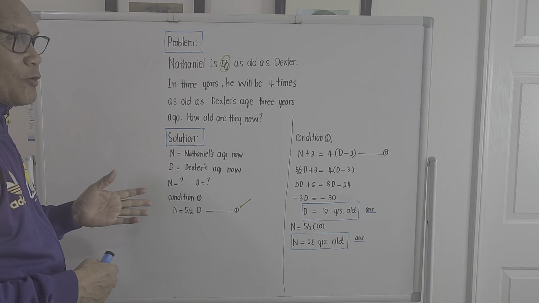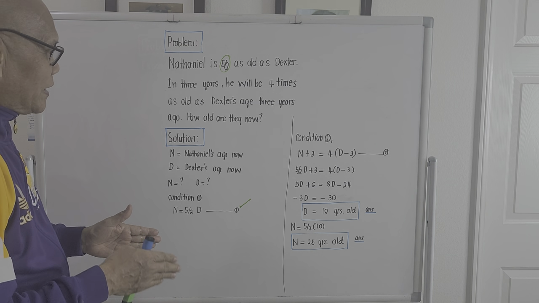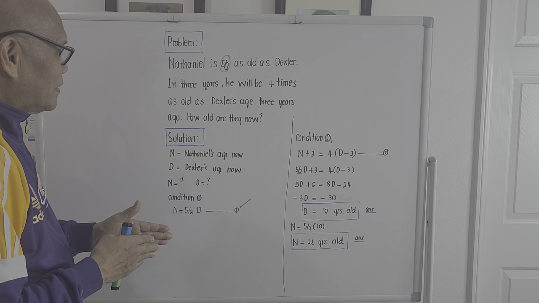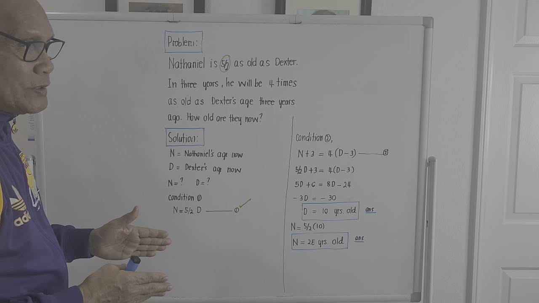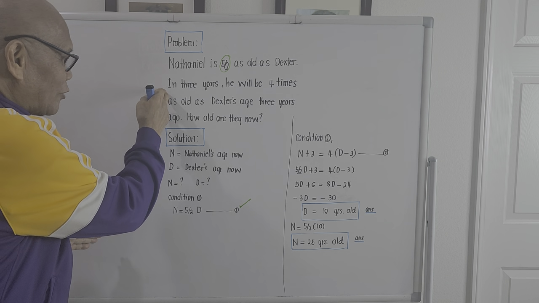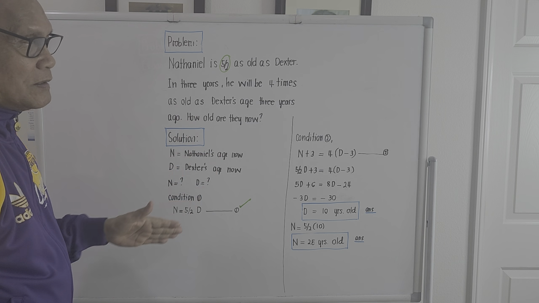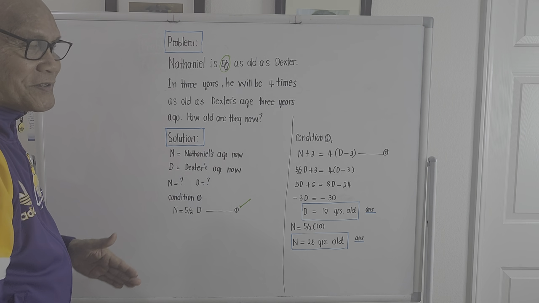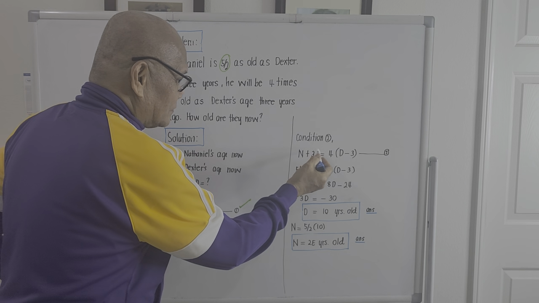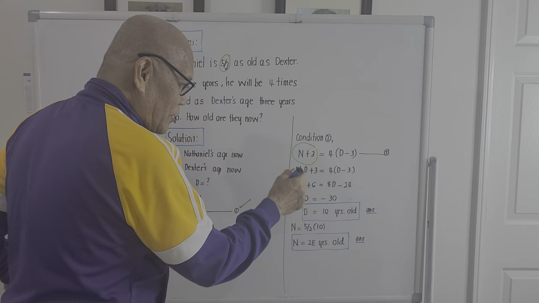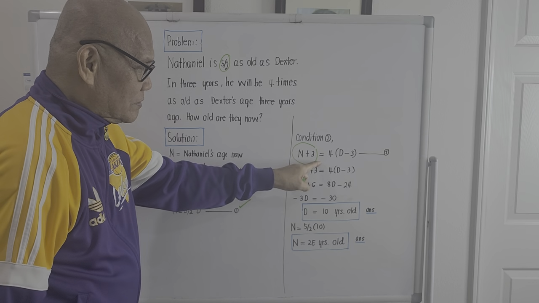The next verbal equivalent is a little bit complicated if we do not know the logic behind "in 3 years" or "3 years ago." Otherwise you cannot solve the problem. The age of Nathaniel in 3 years, or after 3 years, will be his present age plus 3.